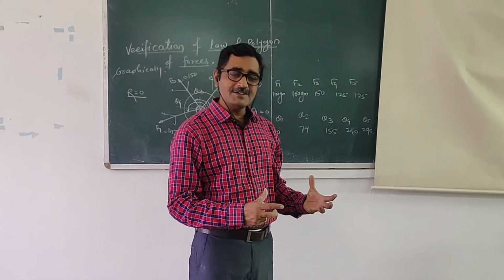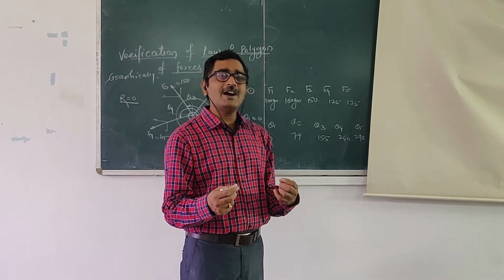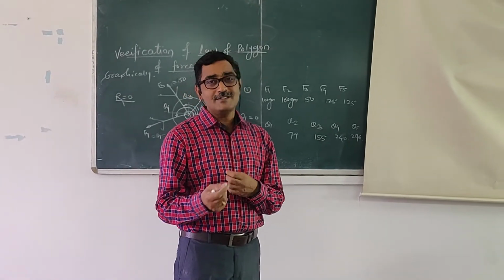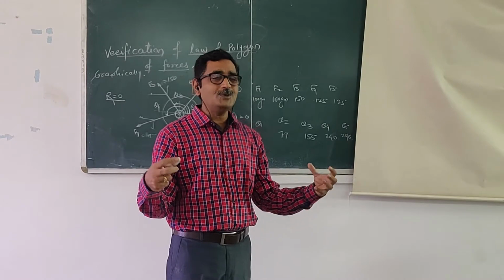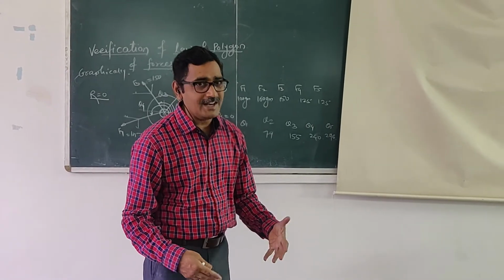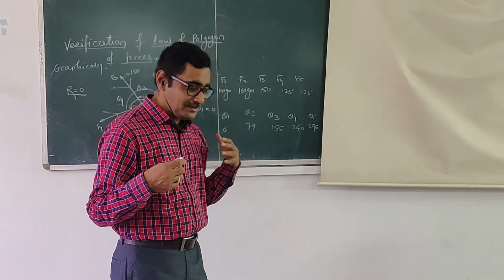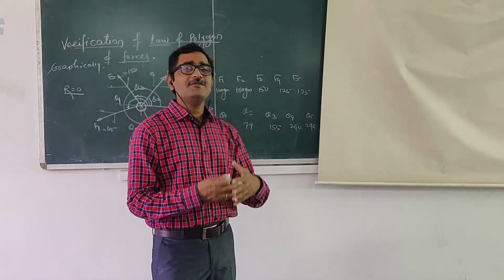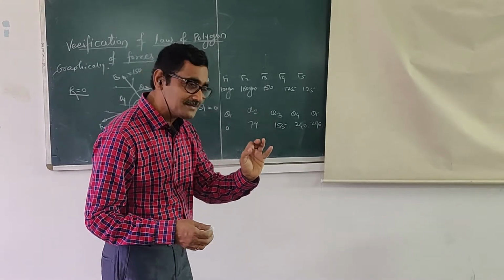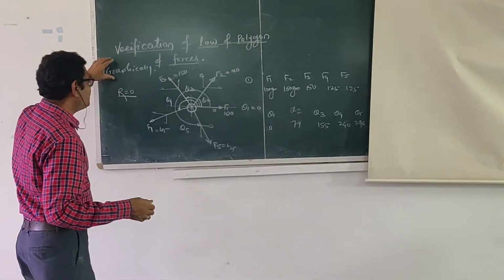For exact equilibrium, the force may require 165 gram, 175 gram, and it is a little bit difficult to prepare that combination in our lab. So because of experimental error, we are not getting the exact result.